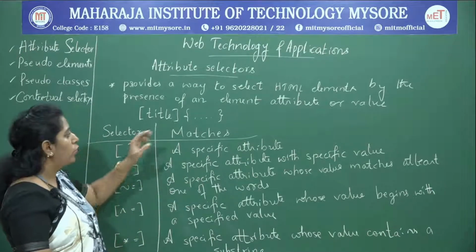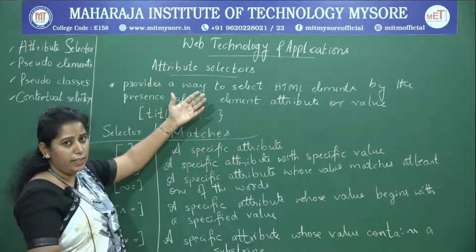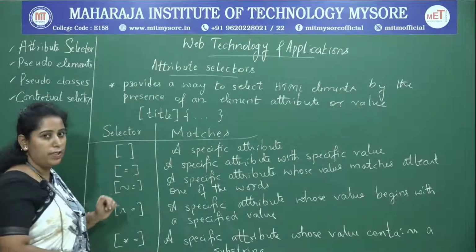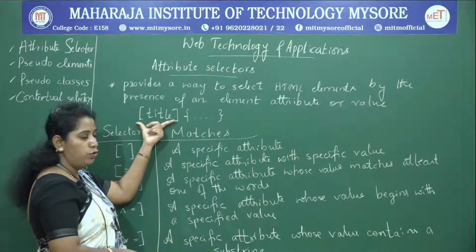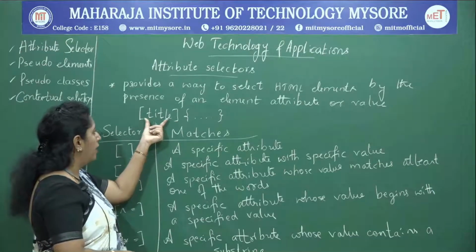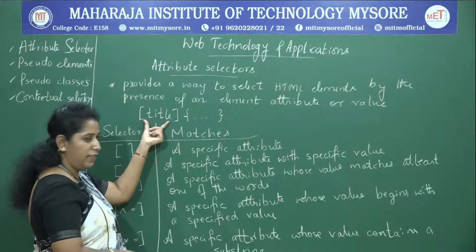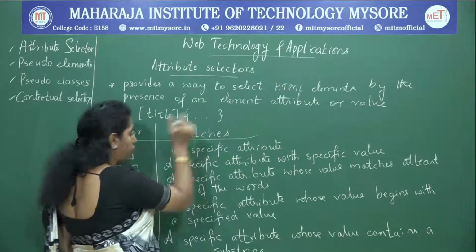Is it right? So using those attributes or values, we can select an HTML element. How is it achieved? What is the syntax? The syntax looks like this. We are supposed to give a title within a pair of square brackets, and this represents where you can give the style rules.